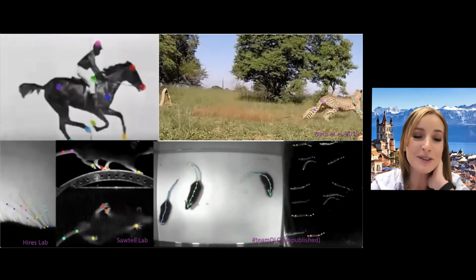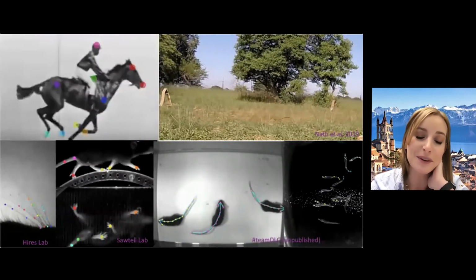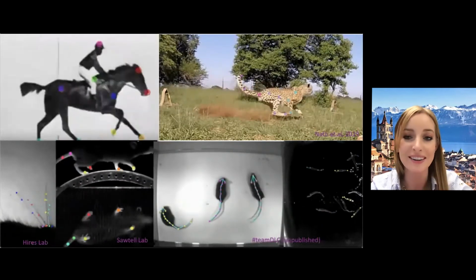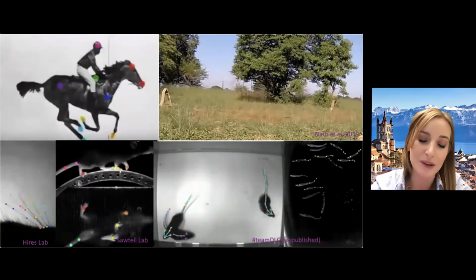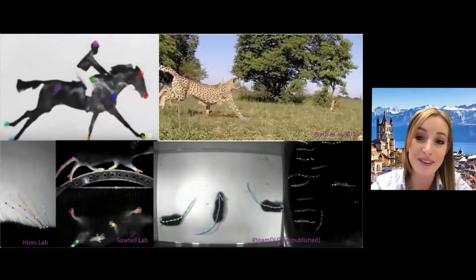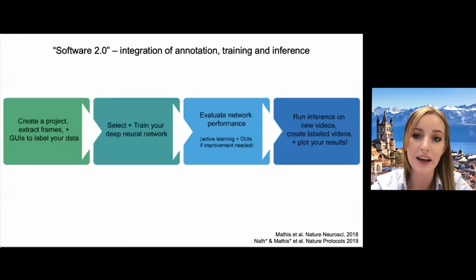So we're only 2 years old, but so far we've had about 170,000 downloads and we're used in over 200 universities worldwide. Of course, we have a generous license, so we're even being used in some company applications, which is nice to see as well, and clinical trials. Okay, so we've really taken this software 2.0 approach, as you're all familiar with by now, opening up this code base to make it more accessible to those that don't have programming experience.